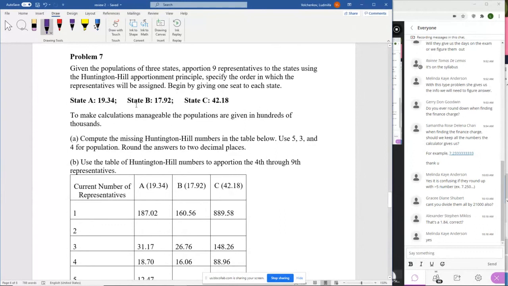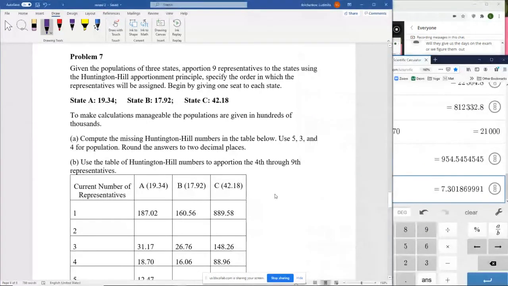And this is actually a real population from 2019, and on the test from 2020, the real population. To make the numbers convenient, they are given in hundreds, thousands. So just take these numbers as they are given in the problem and use them for calculating Huntington-Hill numbers.